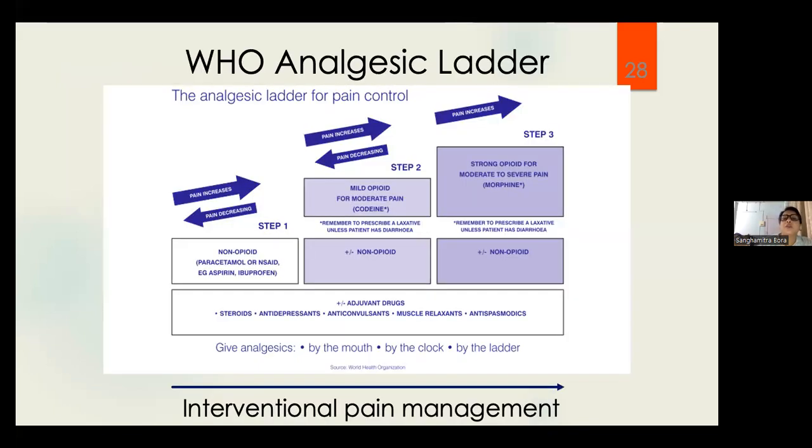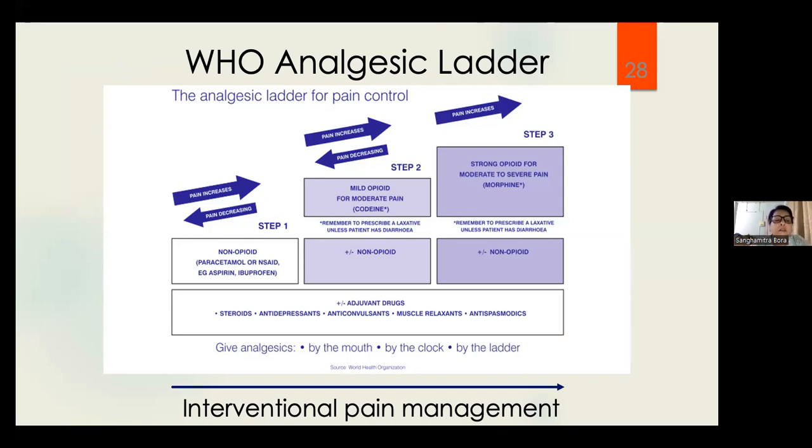Coming to the WHO analgesic ladder. So this analgesic ladder has been designed by the World Health Organization, and it gives us the guidance about the usage of all kind of analgesics that are available for pain control.